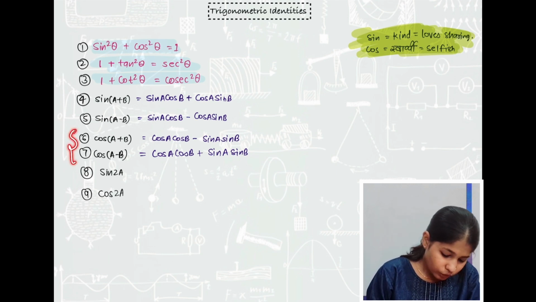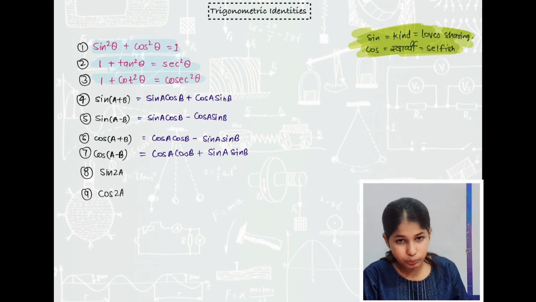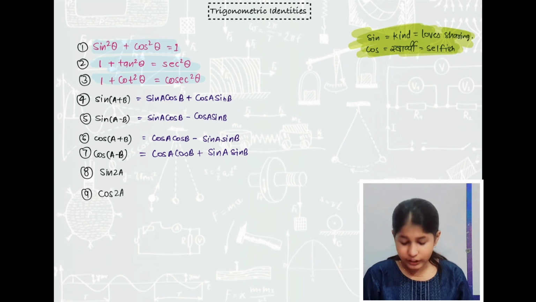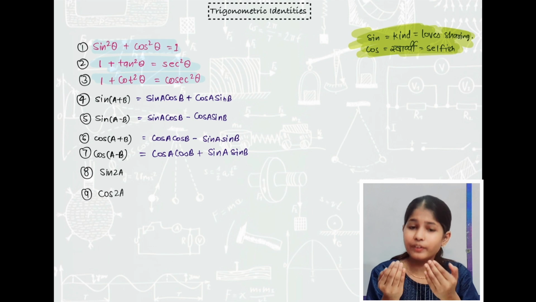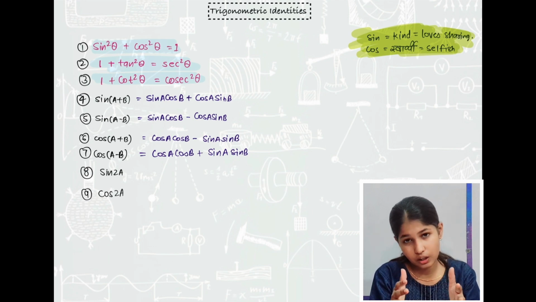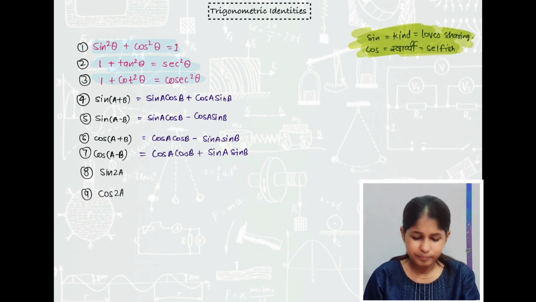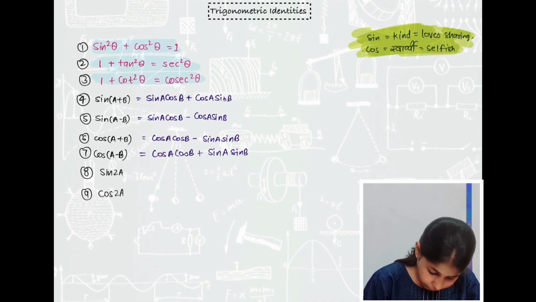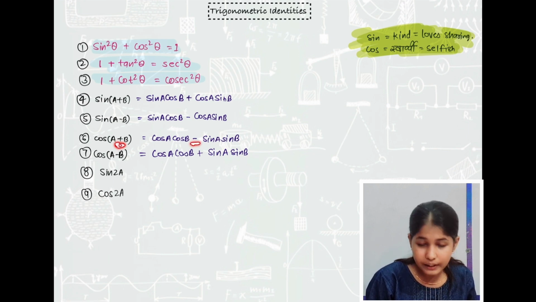As I have already said, cos is a selfish person. So what will it do? Simply it will say that whatever you have got, first of all use it, and when you have fulfilled your need, and your wish is now fulfilled, then give it to anyone. So here you can see that in the identity the sign is plus, but here it has become minus.